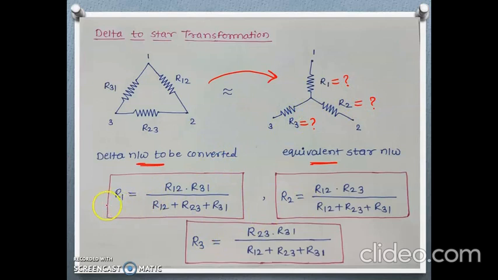R1 can be calculated with the help of this expression: R1 is equal to R12 into R31 divided by R12 plus R23 plus R31. Then how will we calculate R2?